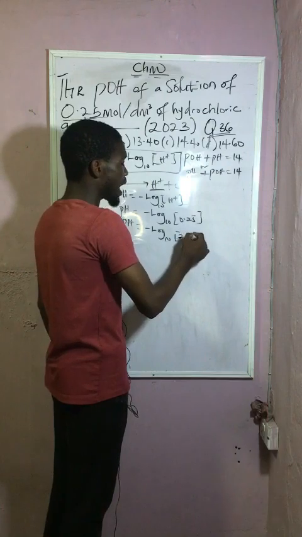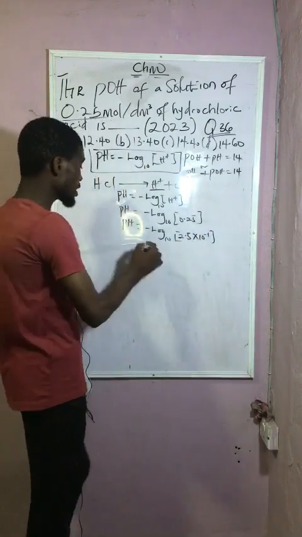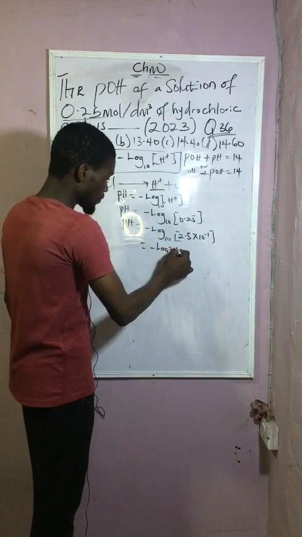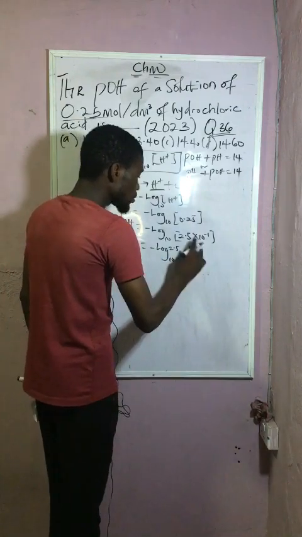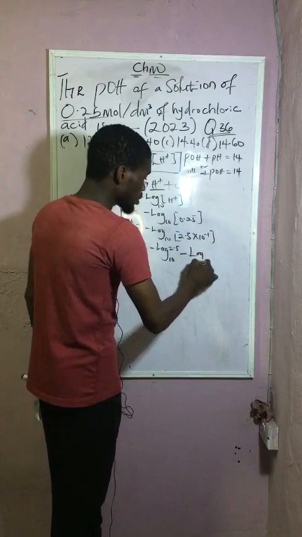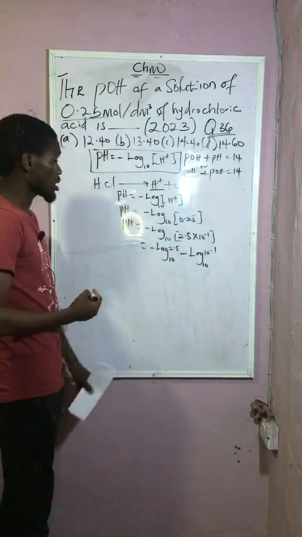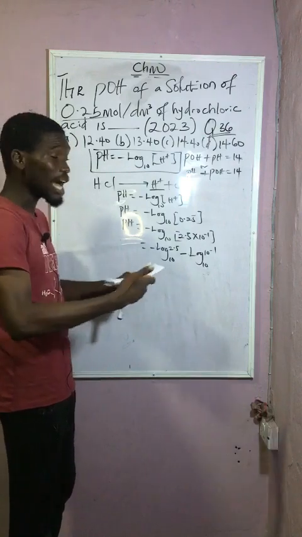We have 2.5 times 10 raised to the power minus 1. So when you open the bracket, we have minus log 2.5 base 10 minus, don't forget, logarithm base 10 of 10 to the power minus 1. Are you with me now, class? Is that clear enough for you to proceed and know what's next?